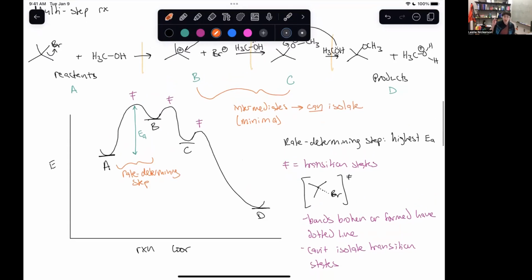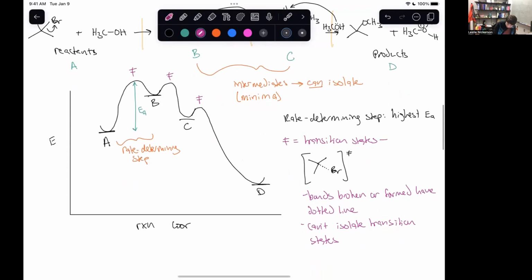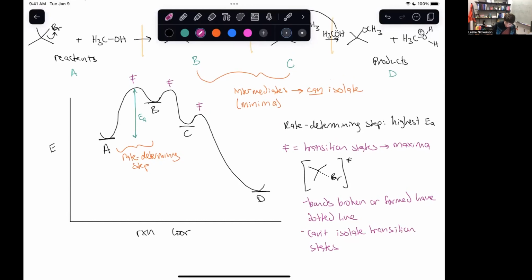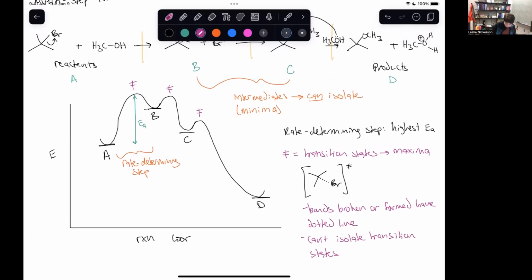So intermediates are our minima, and transition states are our maxima. The peaks are transition states, the valleys are intermediates. Those are intermediates.